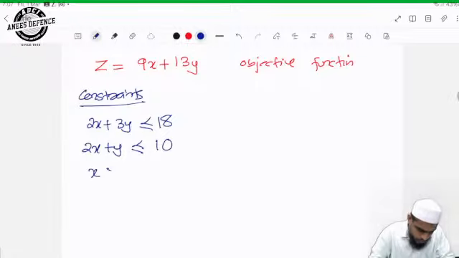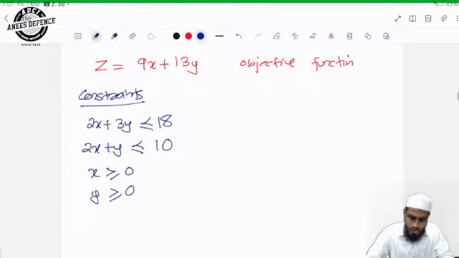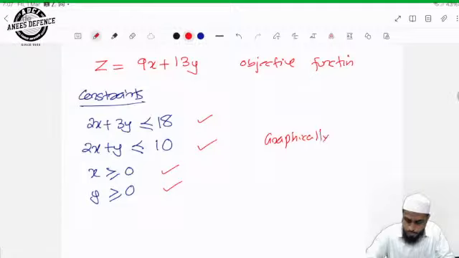Another constraint, x is greater than or equal to 0, y is greater than or equal to 0. These are the constraints. So we have 4 constraints, number 1, 2, 3, 4. Now you have to solve this problem by graphical method. Graphically, we have to solve this problem.